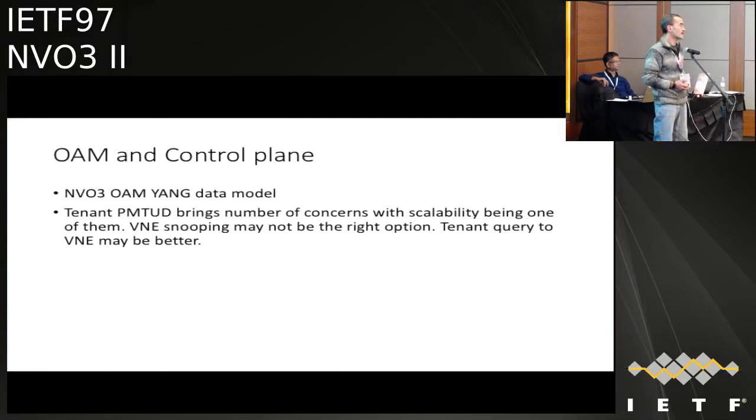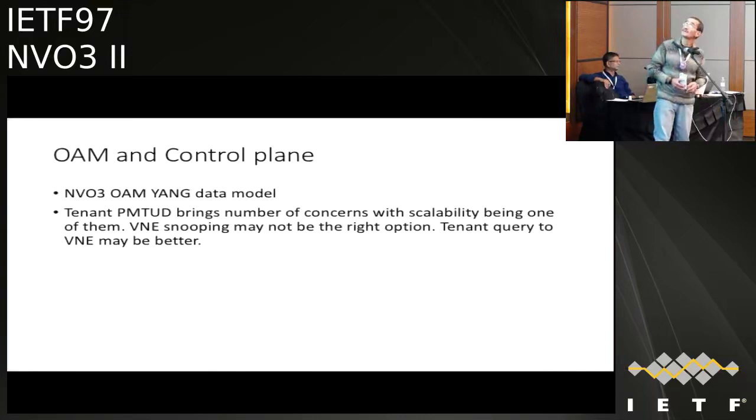When we have a massive number of tenants requesting it, it might be exaggerated because of rate limit control. So probably that could be a part of functionality that's supported by the control plane. So the tenant requests path MTU discovery from the NVA. And that's another way to address it.